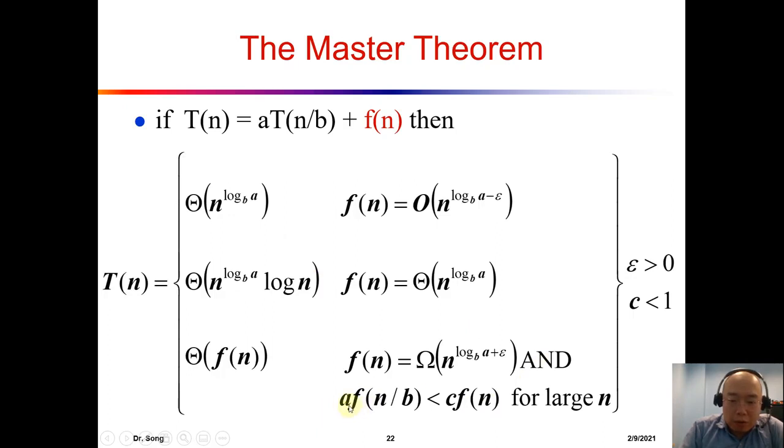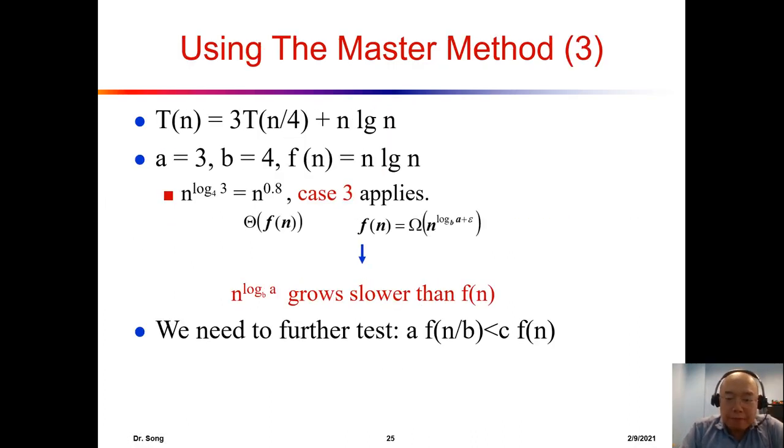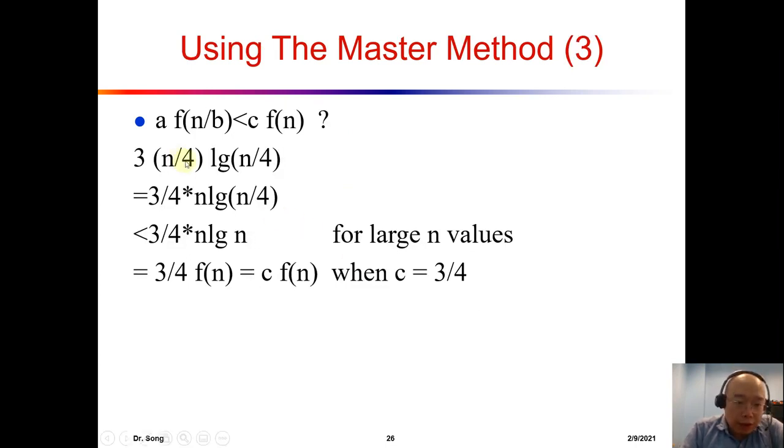We want to prove this part, and this c has to be a value smaller than 1. Can we have that? Okay, so we start here, and we extract the 3 divided by 4 here, and we have n log(n/4). And this value is smaller than 3 divided by 4 multiplied by n log n. And what is n log n?